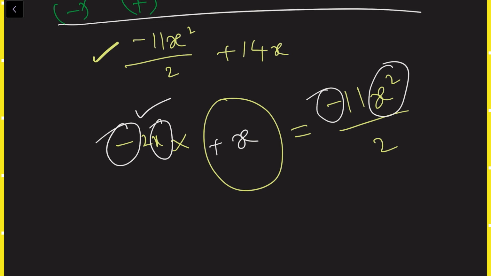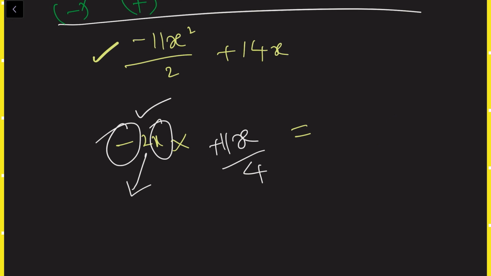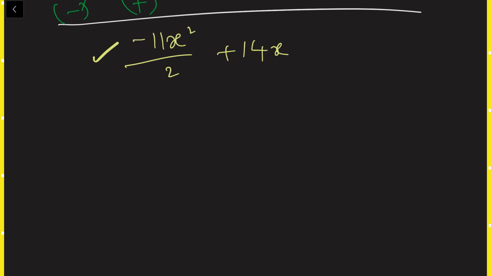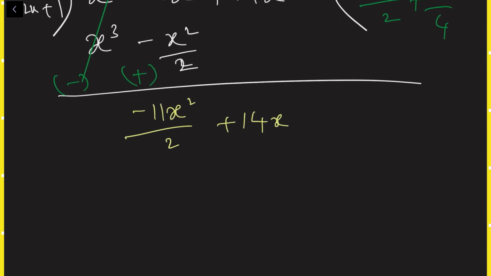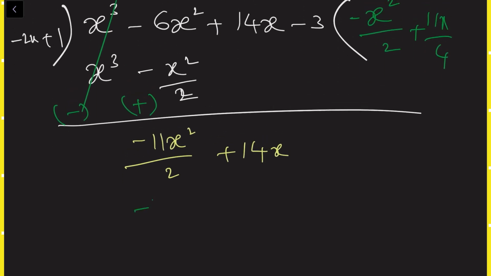Here 11 is not there, but here 11 is there, means 11 also should be there. Here 2 is there, and in the denominator 2 is there, so it means divided by 4 should be there. It means minus 2x should be multiplied by plus 11x by 4. Then it will become minus 11x square by 2.